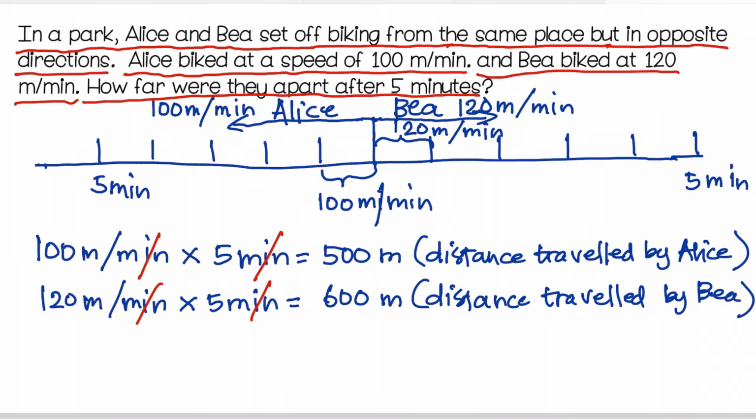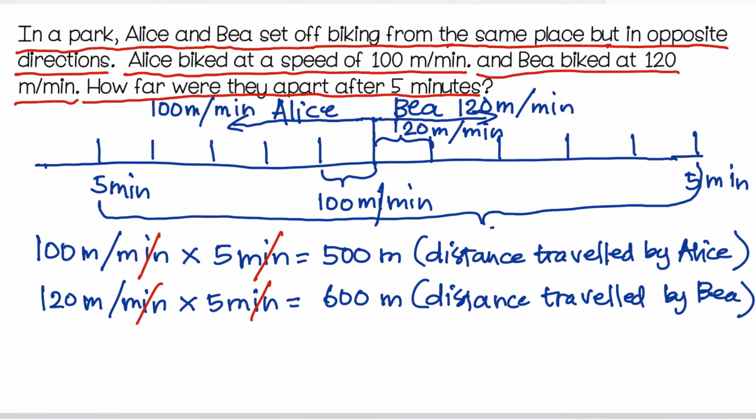Now we need to find how far they were apart. From here going there, how many is that? We add 500 meters plus 600 meters, which is equal to 1,100 meters.